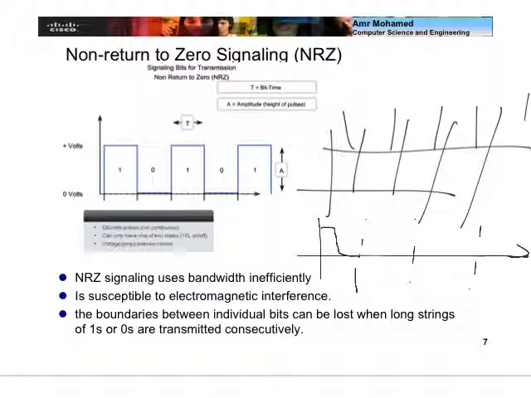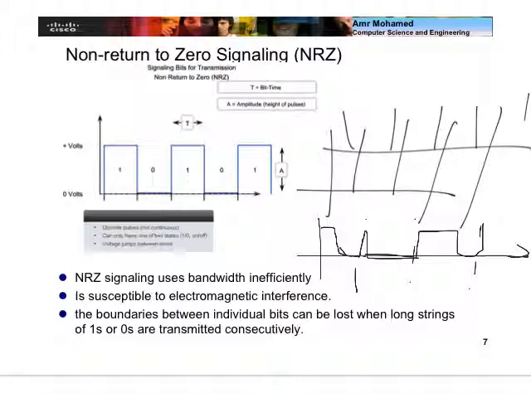And then if you have 0, then it goes all the way. And then if you have 1, you have to return to 0 every time. So you have to return to 0 and then go like this. And if it's 0, you go continuously. So in each bit you have to return to 0 regardless of the value of this bit.